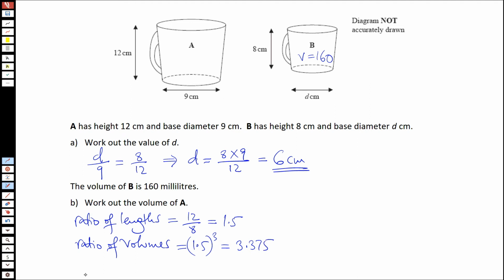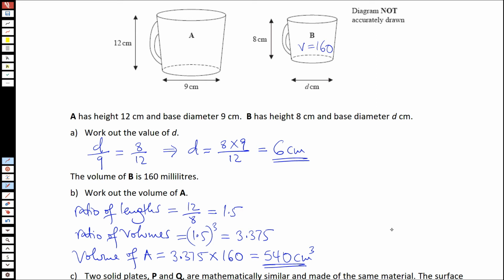And that implies that the volume of A is equal to 3.375 times the volume of B. It's bigger, 3.375 times the volume of B. So the volume of A will be equal to 3.375 multiplied by 160, and that will be equal to 540 centimeters cubed. And that's how you solve that problem.